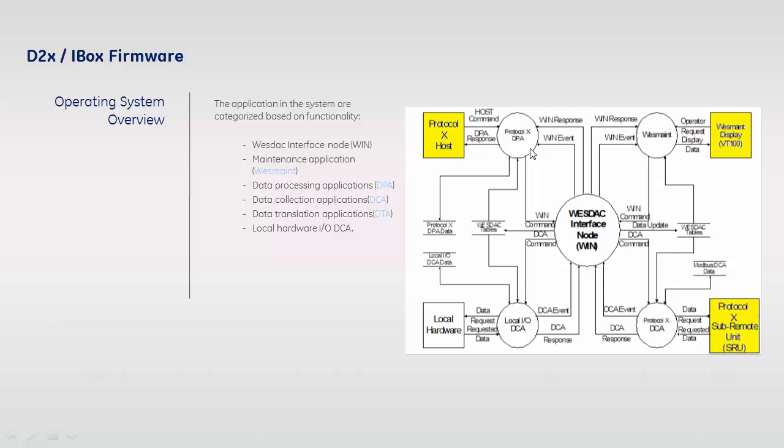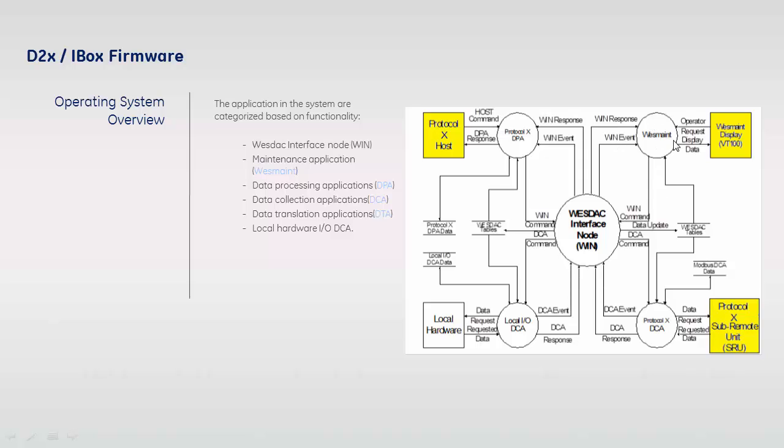For example, an IEC 6870-5-101 would communicate the information to an IEC 101 master, or an IEC 104 DPA would communicate to an IEC 104 master. So that's one strong feature, where we can go from one protocol to another protocol in our architectures.